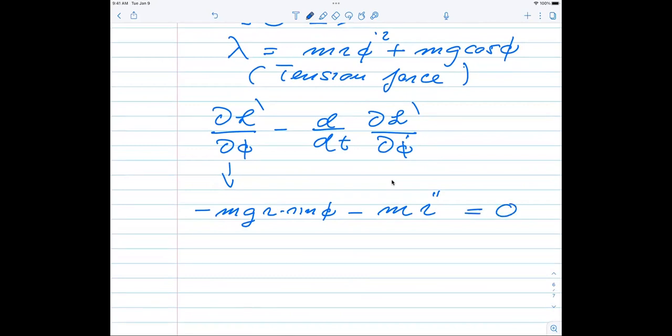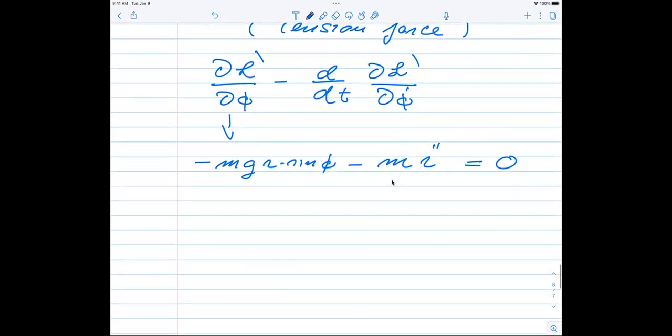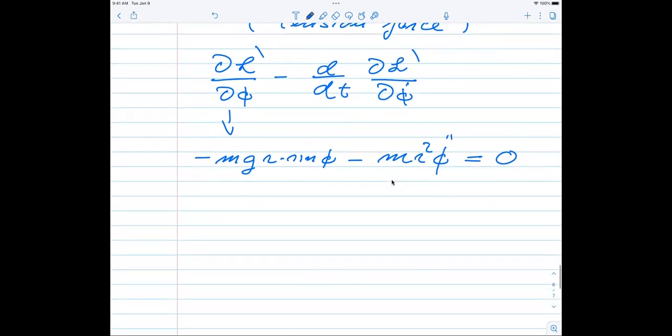So if I do that, and just reshuffle a little bit, what I'm going to get, no, sorry, it's not r. It goes like r squared multiplied with the second derivative of the angle.